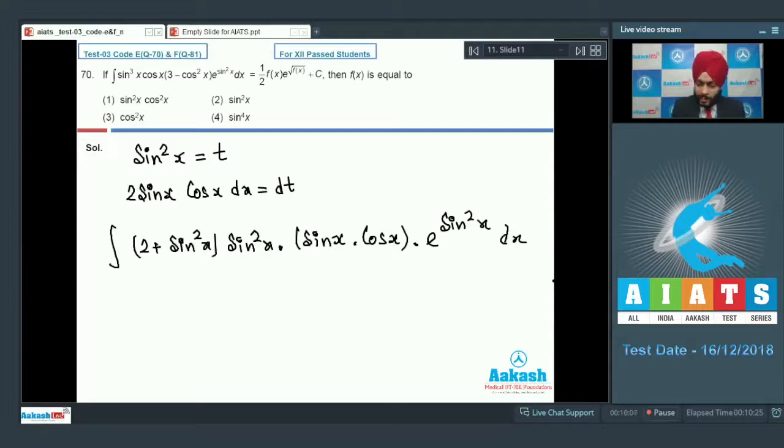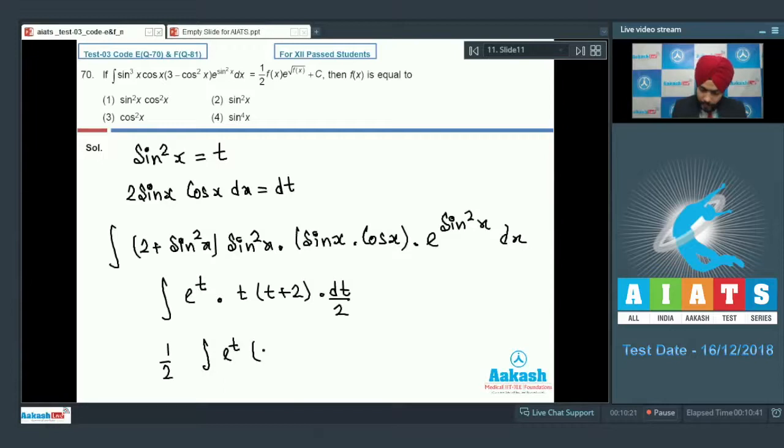We are going to put sine square x as t, so this is e raised to the power t into (t plus 2) into dt by 2, according to the substitution I have just mentioned. So this is e raised to the power t into (t square plus 2t) by 2. The answer is 1 by 2 e raised to the power t into t square, plus c.